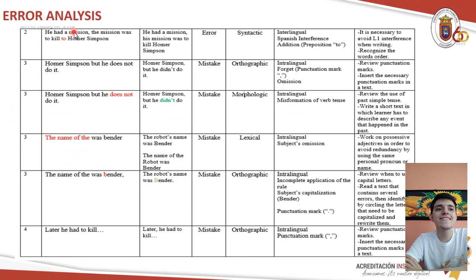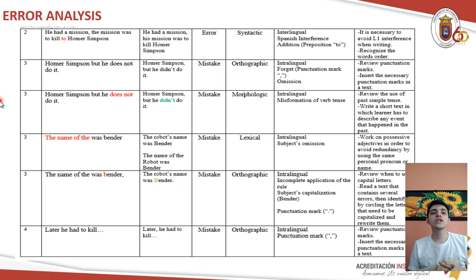Okay, in the third line, four mistakes are evidenced, related to the orthographic, morphological level, syntax, lexical, and orthographic. So as you can see here, he wrote "Homer Simpson, but he doesn't do it." So the error correction is "Homer Simpson, comma, but he didn't do it."